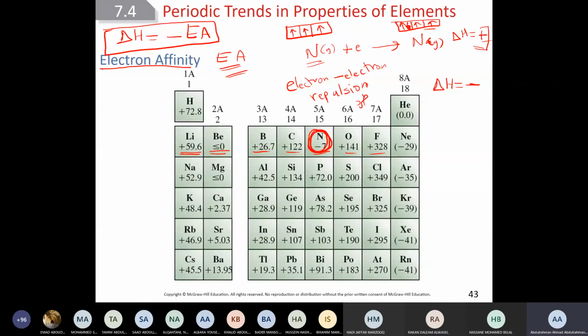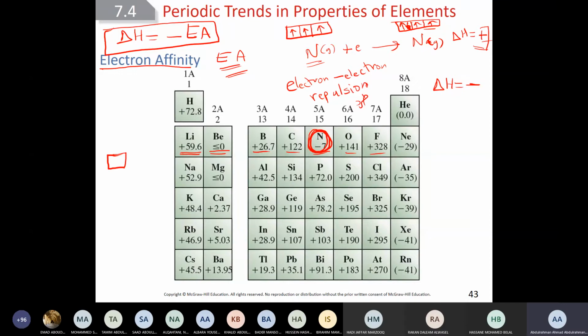This one is positive. For lithium, it is positive, and for Be it is almost 0, less than or equal to 0. Why do you think lithium also does not want to have the other electron?